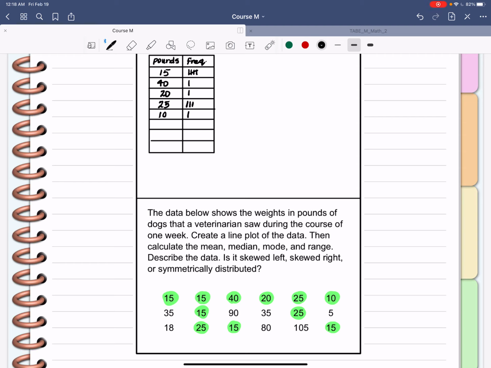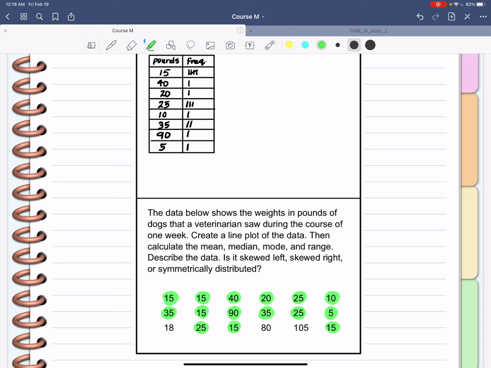And then I see a 35. That occurs 2 times. And then a 90-pound dog. That's a big dog. I wouldn't expect a big frequency on those. I see just one of those. Then I see a 5-pounder, which is pretty small. I only see one of those.